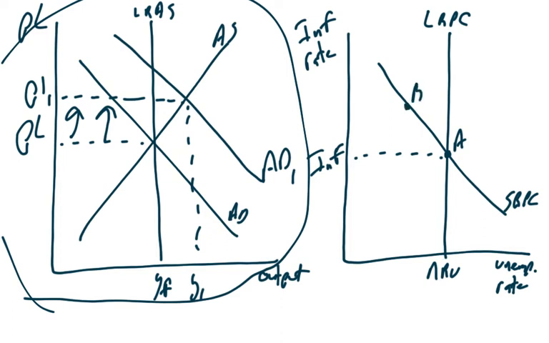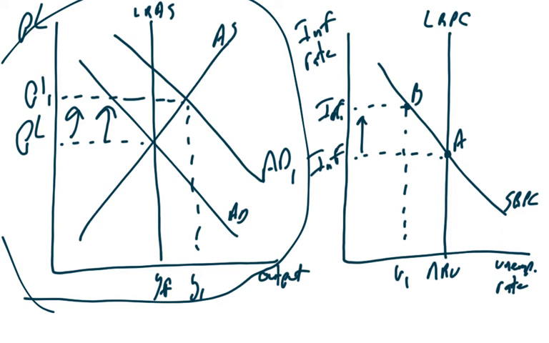Why? Because it's going to show a new higher level of inflation, which is exactly what happened with prices. Prices went up, which means inflation has to go up in my short run Phillips curve, and I have a new level of output. This is how we would show the change in the aggregate demand, aggregate supply graph in our Phillips curve graph.